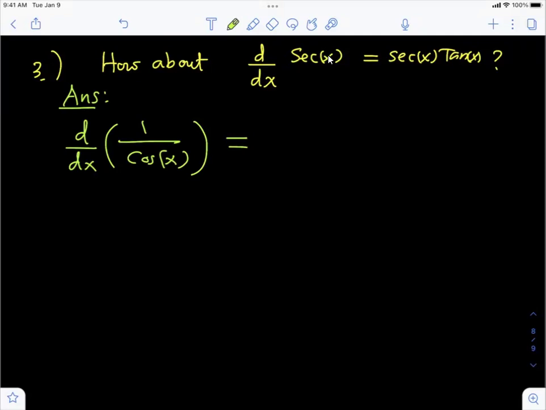You can either use the chain rule by considering cosine to the negative 1 power, or you can use just the quotient rule. Look at this, use the quotient rule.